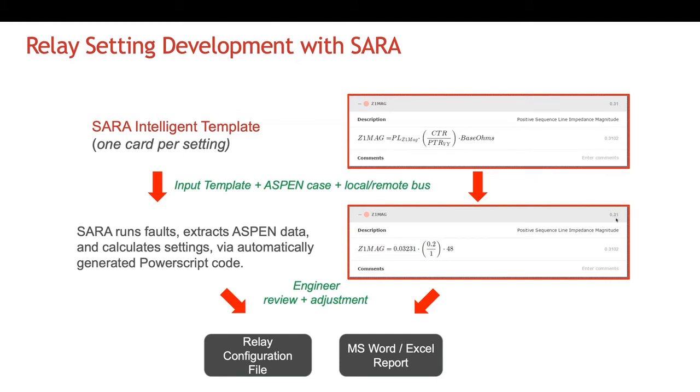You can see that's the calculated setting. Now, this is just the first cut of the settings. We're applying whatever your standard philosophy is. Of course, there's going to have to be a review and adjustment by the engineer based on their domain knowledge. But our goal is to remove the cut and paste and adjust, and then directly export to a relay configuration file. And SARA also will generate a customized Word or Excel report.